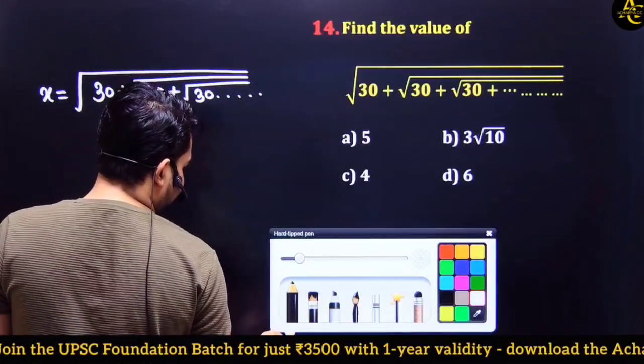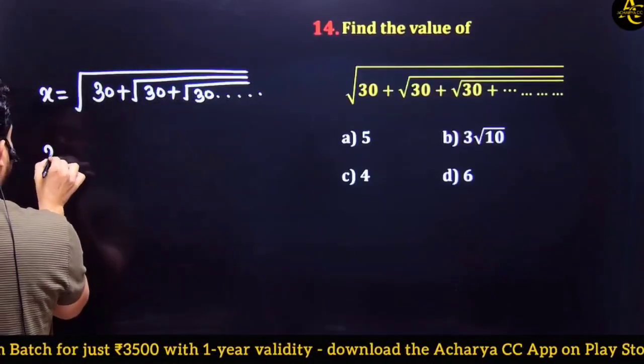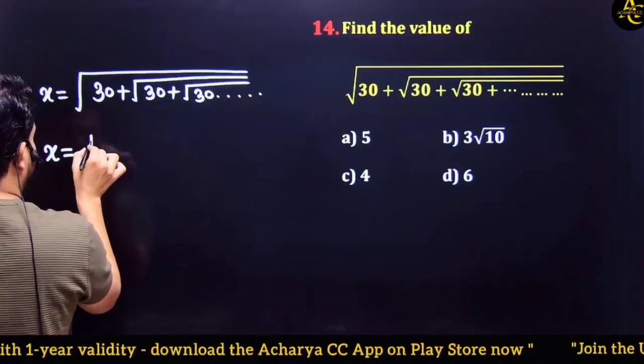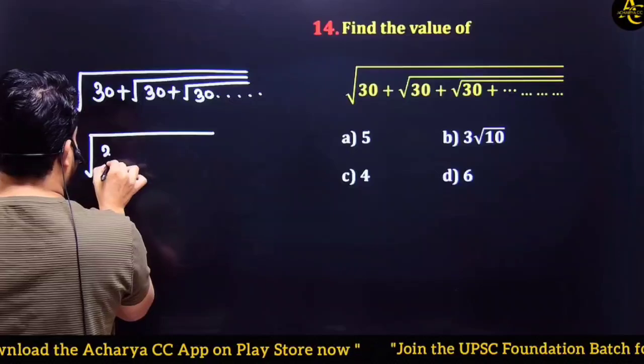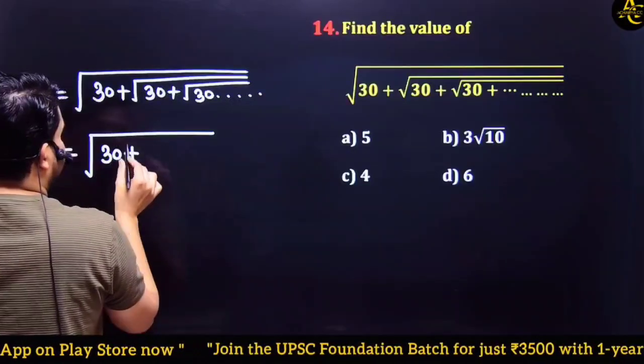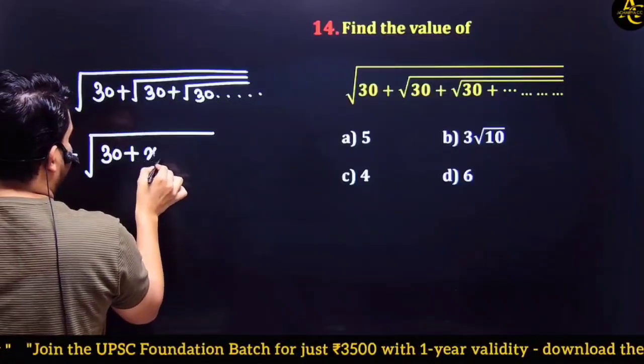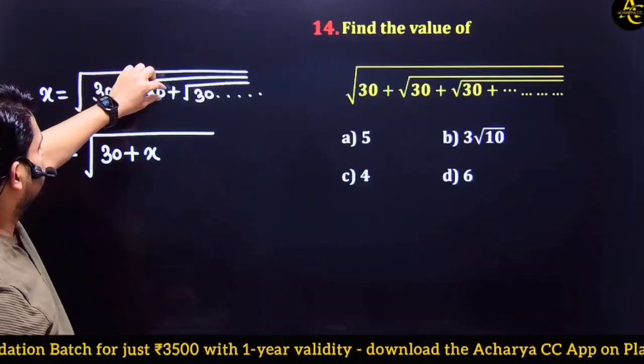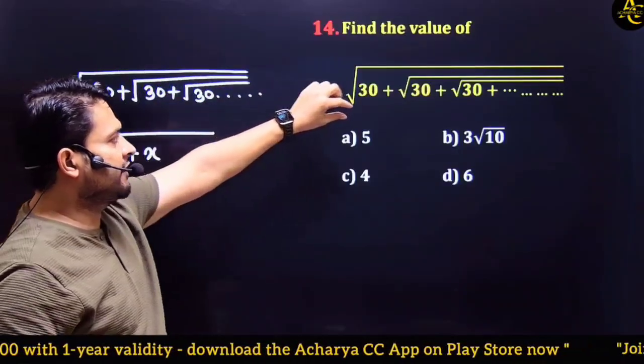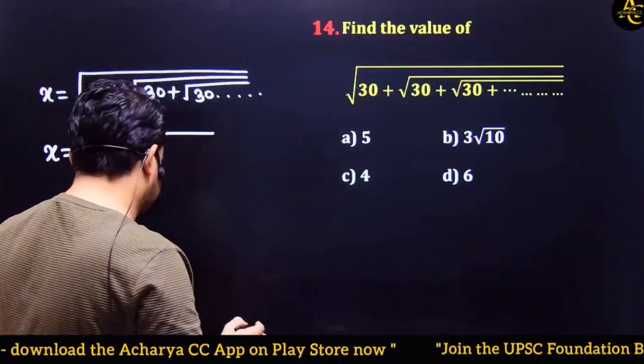I can write it as x is equal to root 30 plus, this term is equal to x, because root 30 plus root 30 plus root 30 plus root 30, this term will be equal to x.